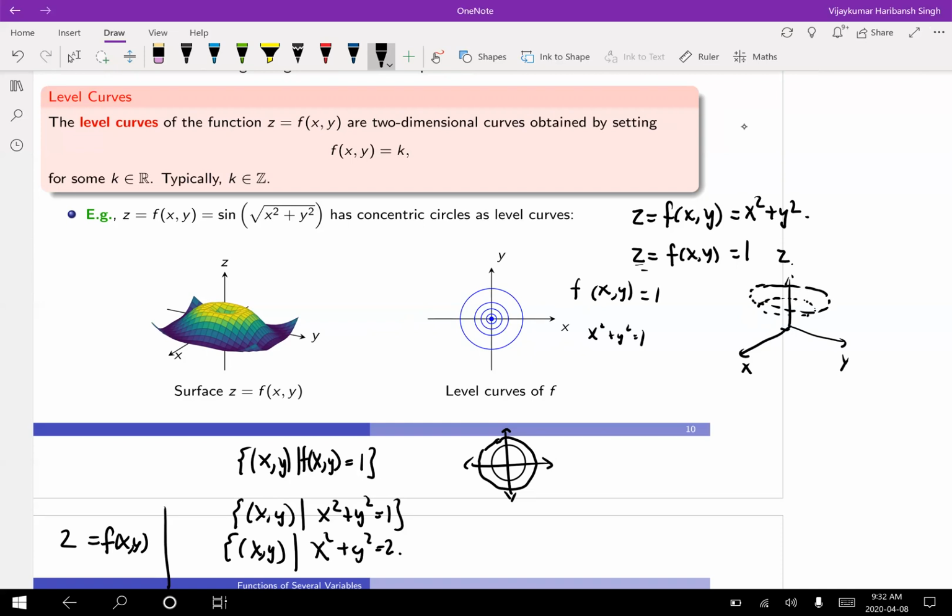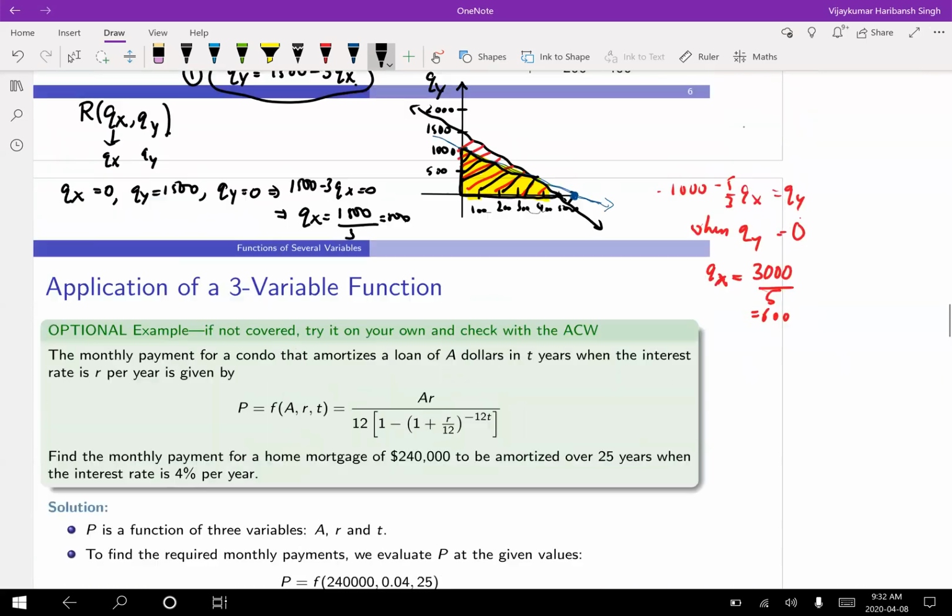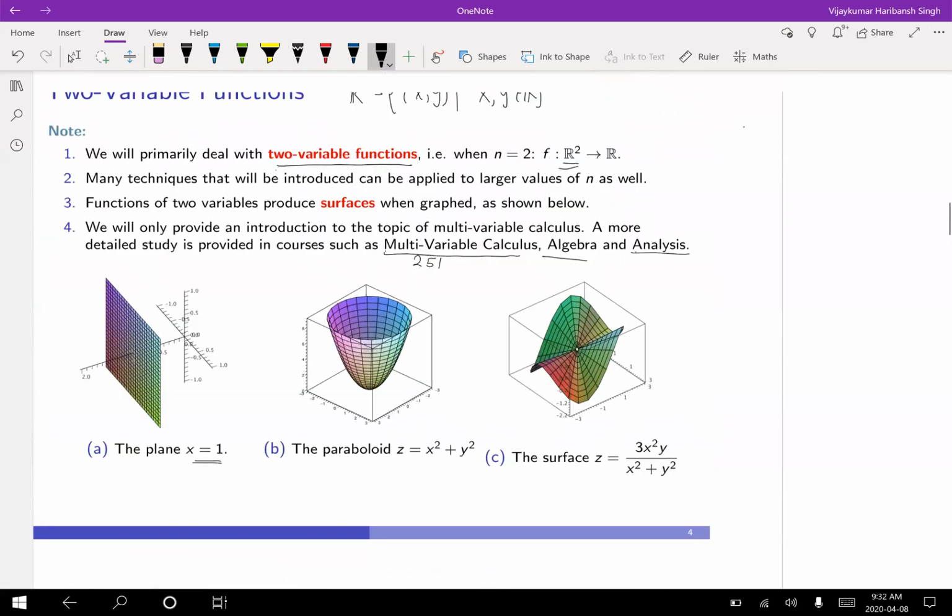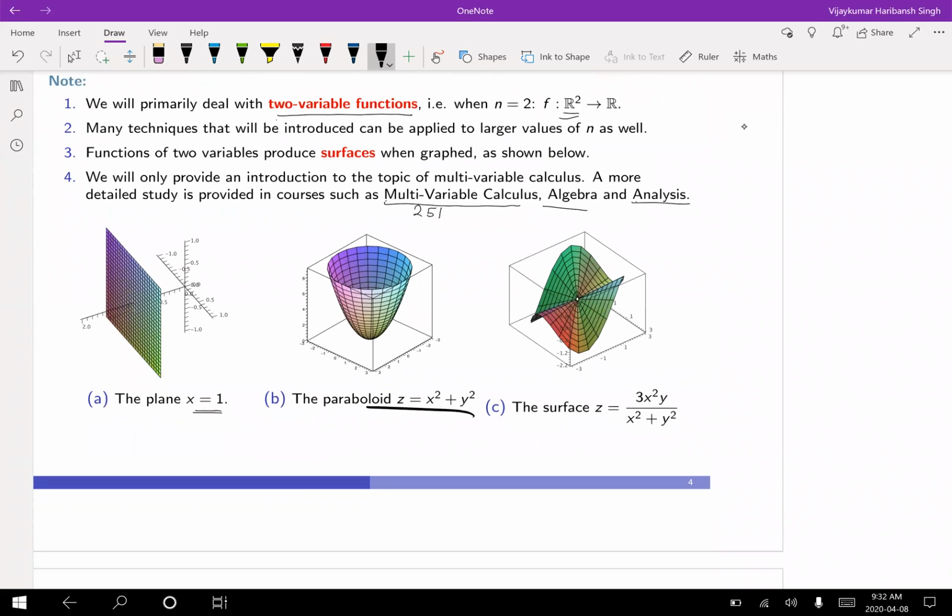And when you draw all these properly, you will see that this is how the graph of x squared plus y squared equals z looks like.